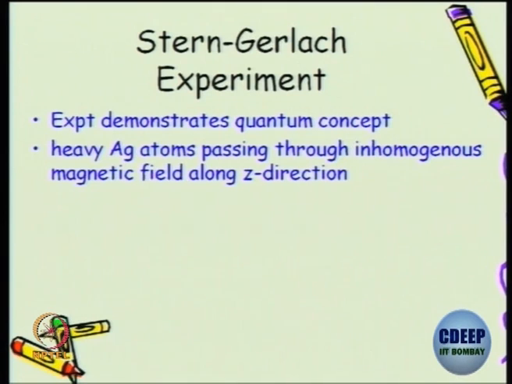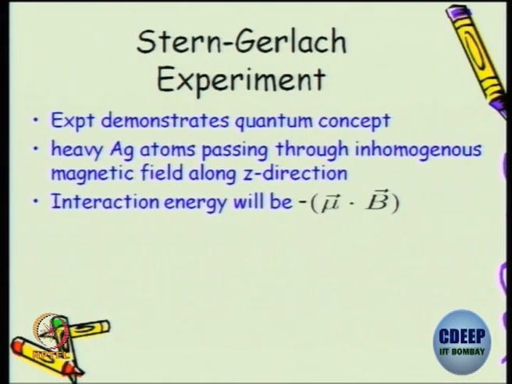So, if you take heavy silver atoms and pass them through an inhomogeneous magnetic field along the z direction, you do see, contrary to classical physics, two beams splitting.